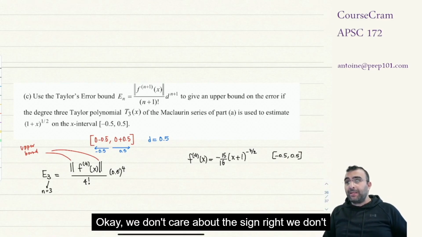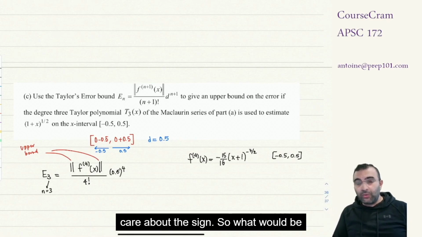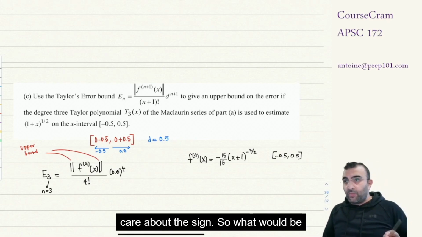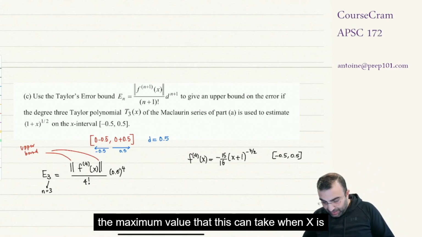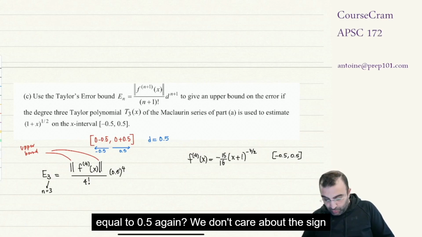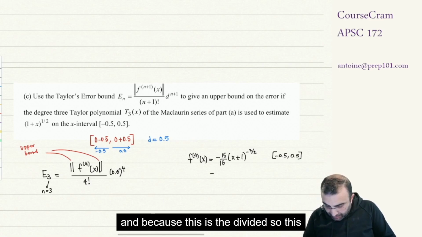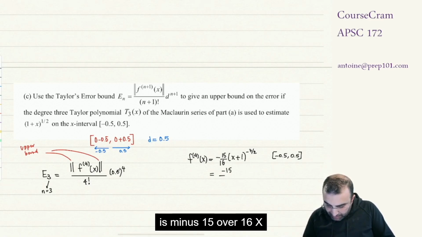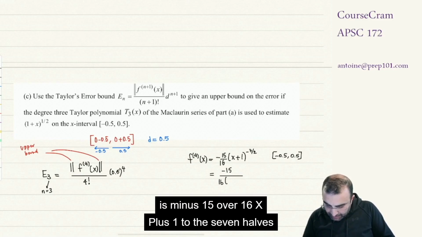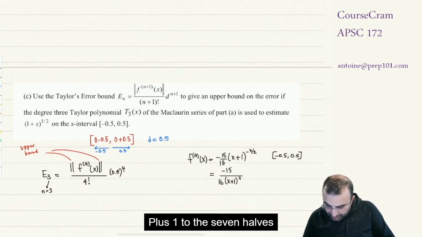We don't care about the sign. So what would be the maximum value that this can take? Again, we don't care about the sign. This is minus 15 over 16 times (x plus 1) to the 7 halves.